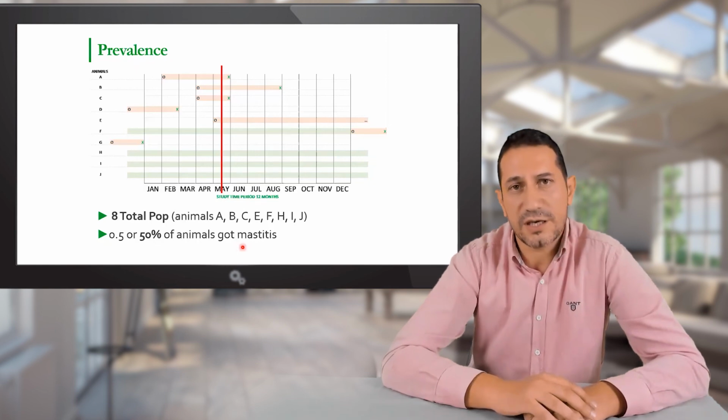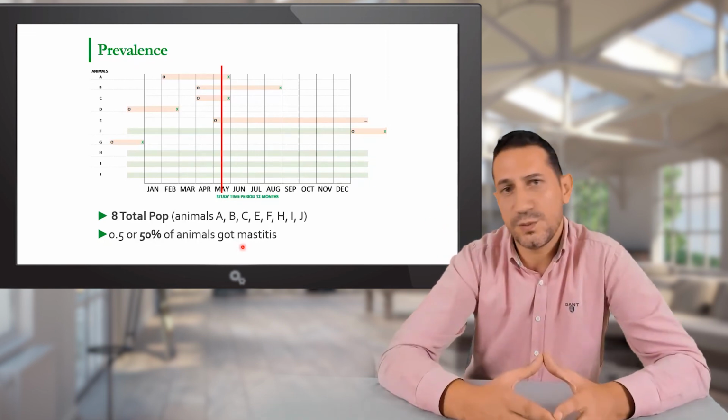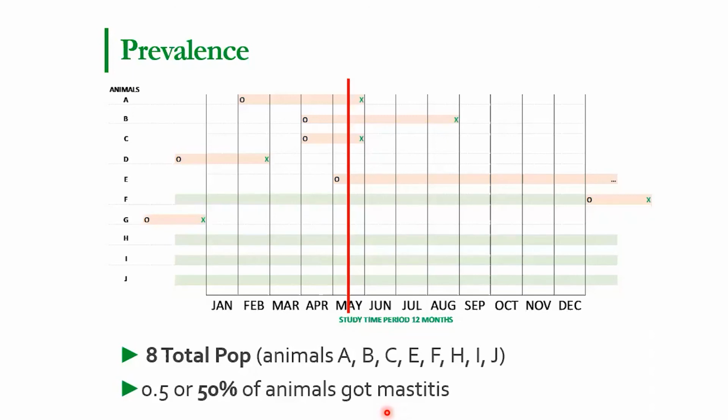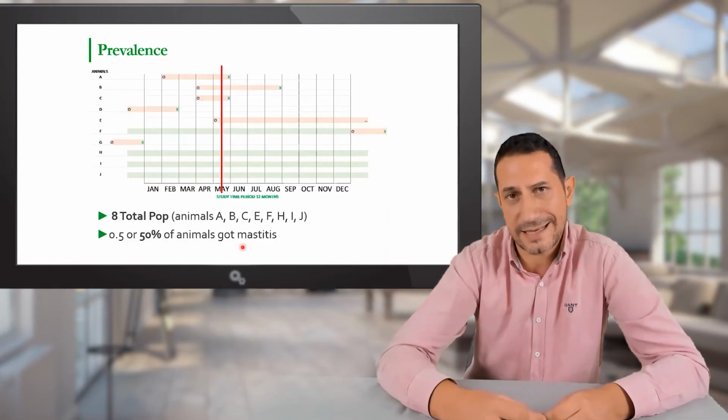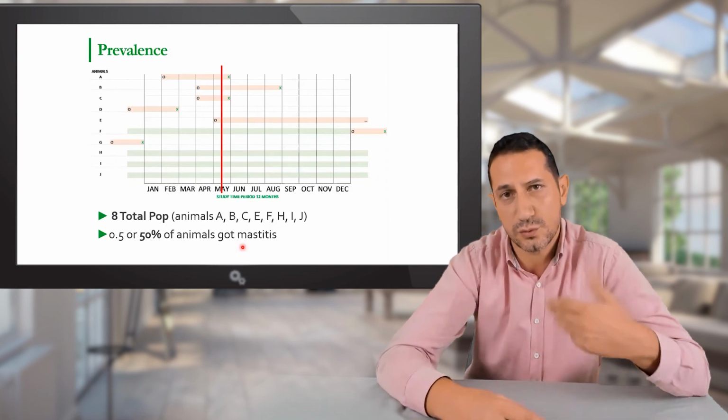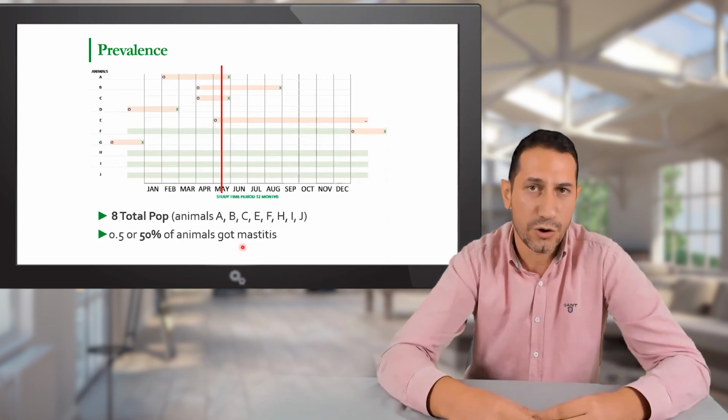And if we assume the whole year, then what would be the annual prevalence? I'm leaving that to you to follow through and exercise yourself with different time periods. And in the link in the description below, we will have a self-assessment quiz and exercises for you to check more your knowledge on incidence and prevalence.